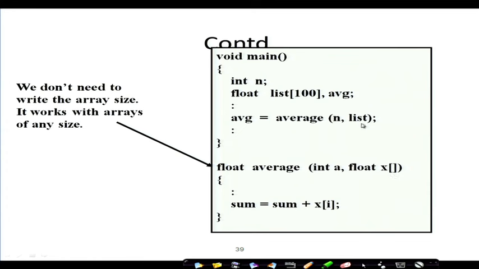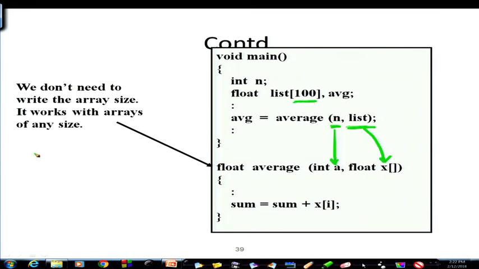X is an array, because here how is the correspondence done? This list is being mapped to this, same address is being passed, and n is being passed to A. How many elements are there? I need not specify the size, because the size is already specified here.